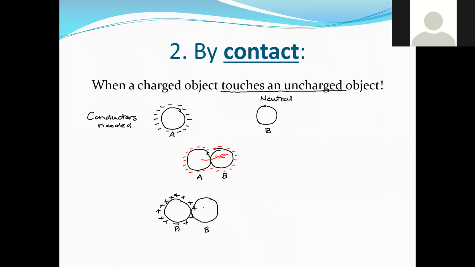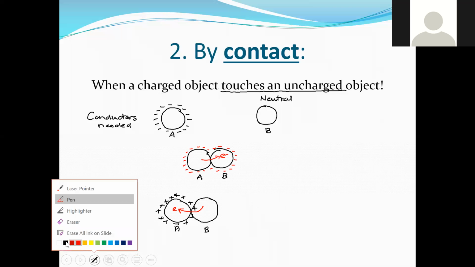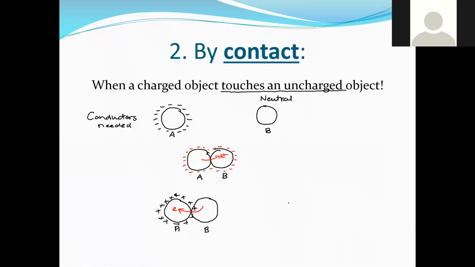Although it doesn't look like it, B has more electrons than A. So the flow of electrons will be towards A. Now, there won't be enough electrons moving to A in order to make both A and B negative. So the overall charge spreads positively over A and B. So if a positive object makes contact with a neutral object, the total charge is positive.